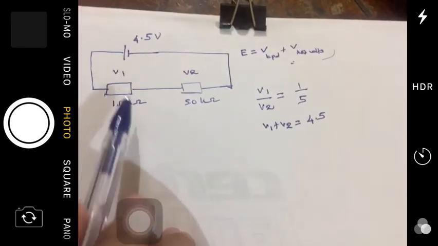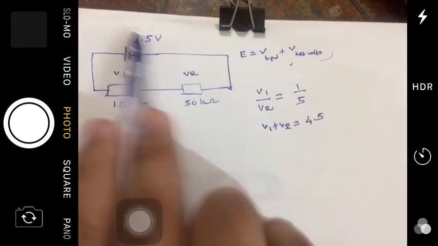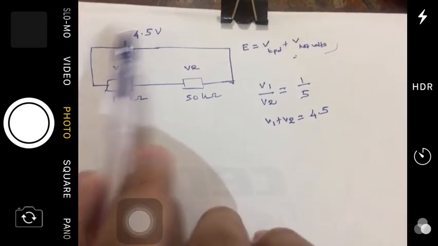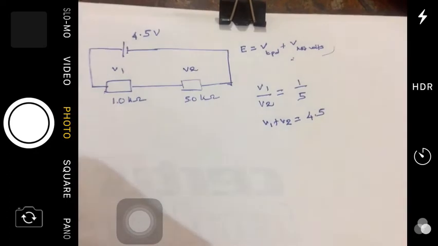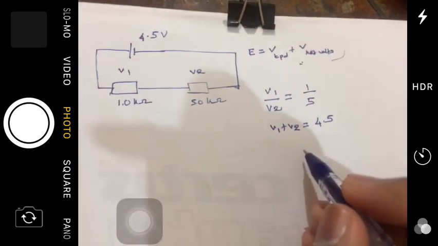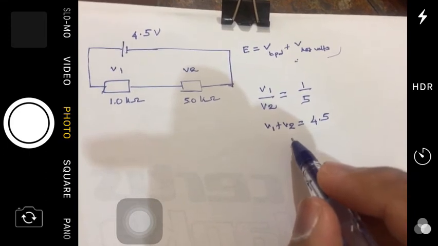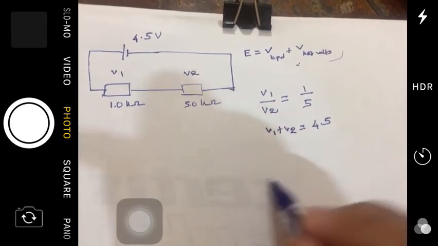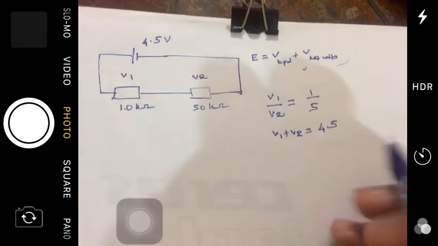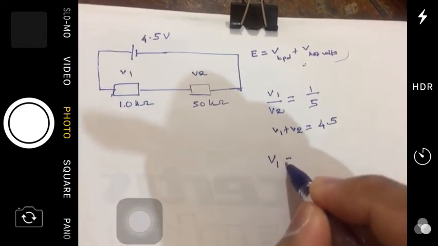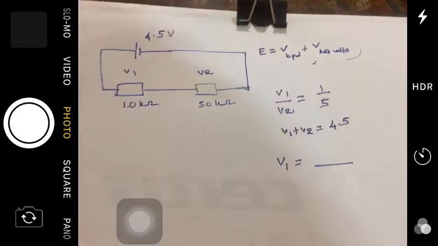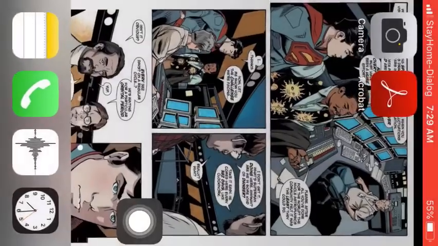The total voltage drop will be equal to the terminal potential difference, which is equal to EMF here. So if you want to find V1, then V1 would be equal to, I'm applying this equation.